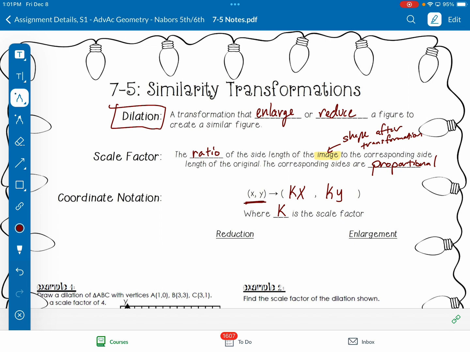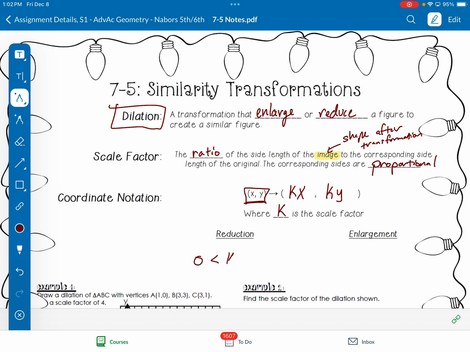All you got to do is take the original ordered pairs, the x and y's. What is the k doing to the x and the k doing to the y? Multiplying. So to dilate these shapes, take the scale factor, multiply it by the x coordinate, multiply it by the y coordinate, and then you have your new x and y coordinate of the image. Based on the scale factor, we should know whether it's an enlargement or a reduction.